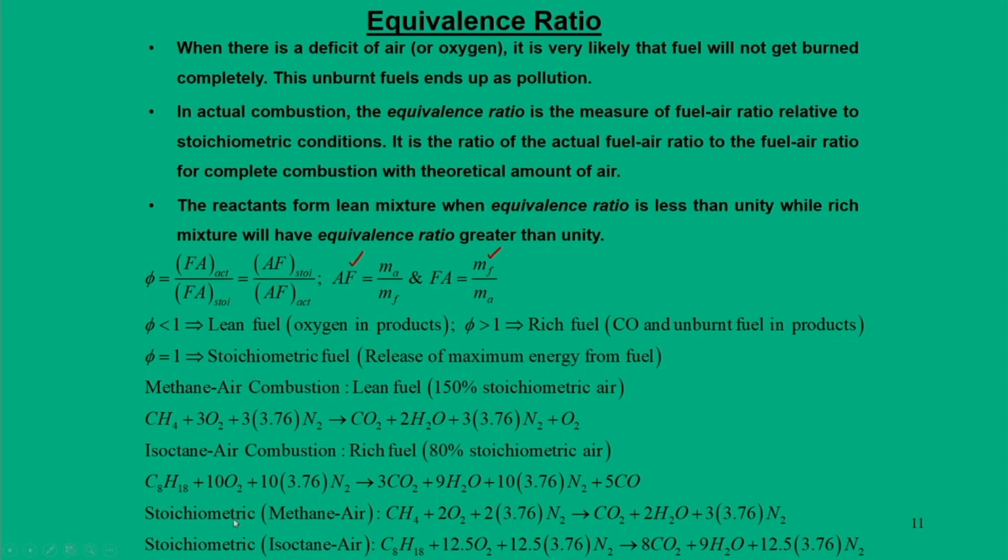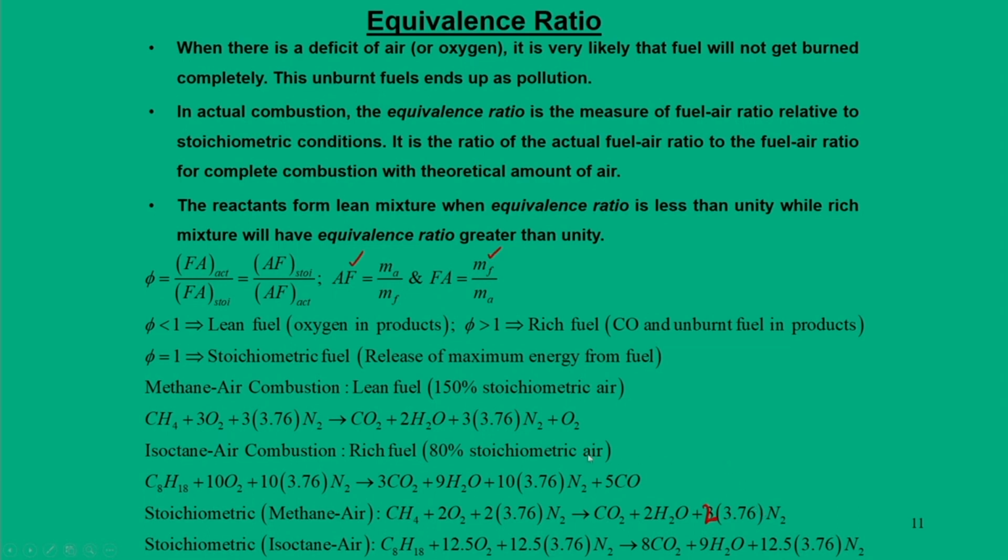Let us start with stoichiometric methane air combustion: methane CH4 plus oxygen, with inert nitrogen, 2 into 3.76 N2, and the combustion products are CO2 and H2O.